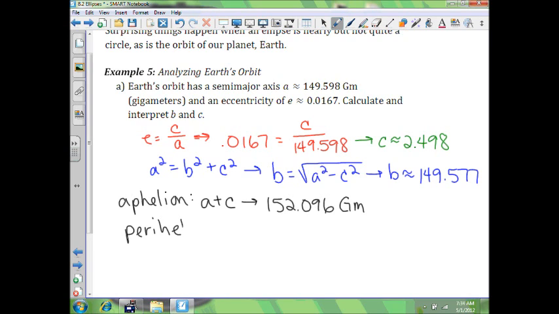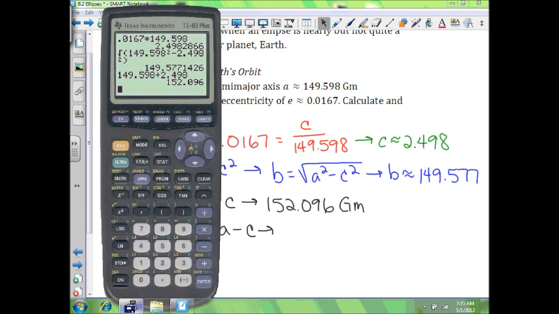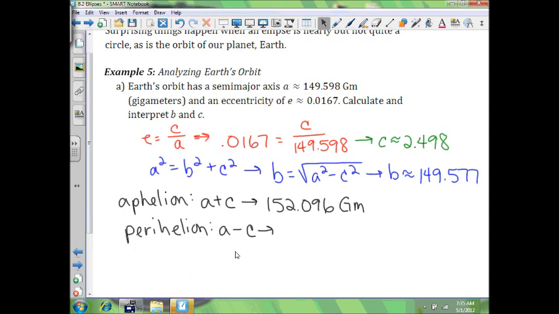Your perihelion distance, which is your closest distance to the sun, will be 149.598 minus 2.498, which is 147.100 gigameters.